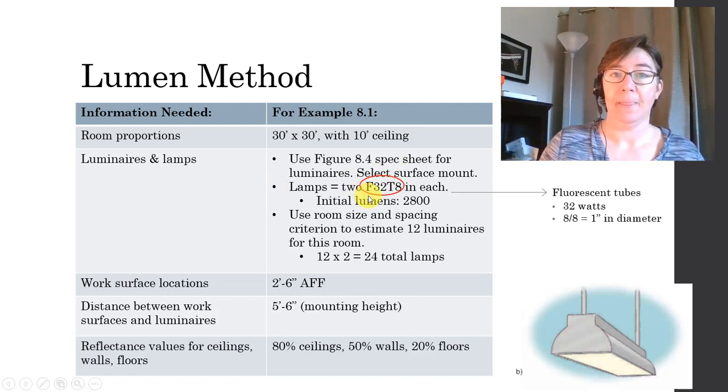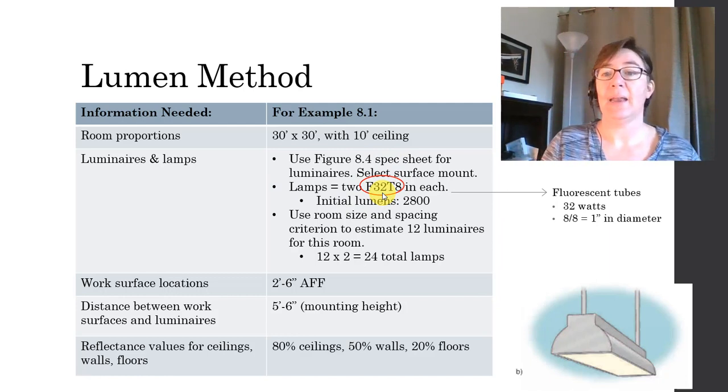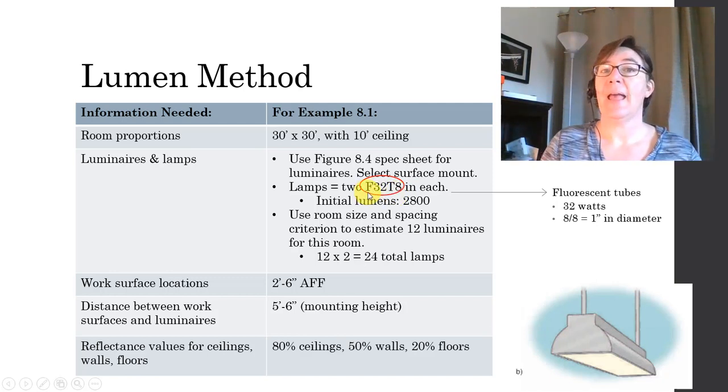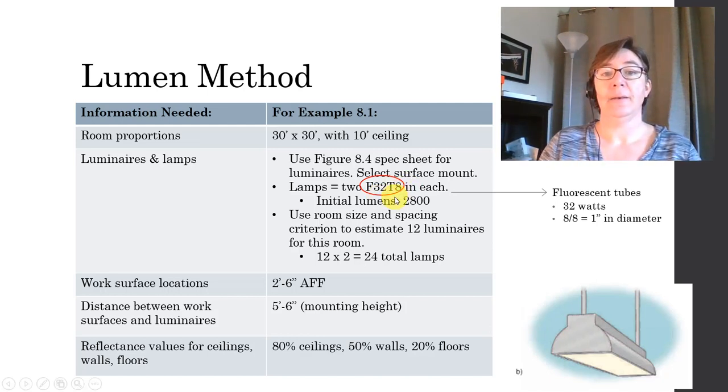By the way, when I was looking at this, it occurred to me that maybe we hadn't discussed this, but F32T8. First of all, F is for fluorescent, because there are also LED tubes. 32 is for the watts. This fluorescent tube requires 32 watts of power. And T is for tube.